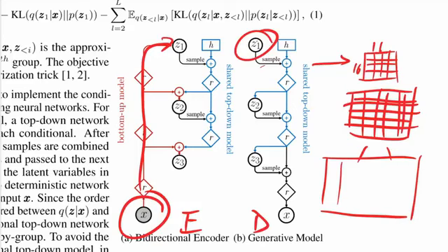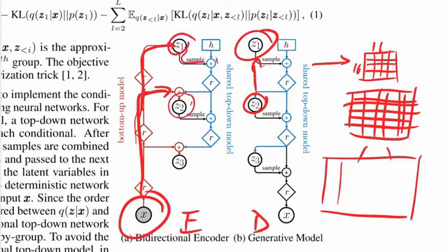Now, the interesting part is, how do we get Z2? You might think we'll just go one layer up here. But Z2, as you can see here, depends on Z1 during sampling. So during inference, we also have to have Z2 depend on Z1. That's why we first need to go to Z1 and actually produce a sample. So our method of inferring the latent codes already includes sampling from those latent codes.